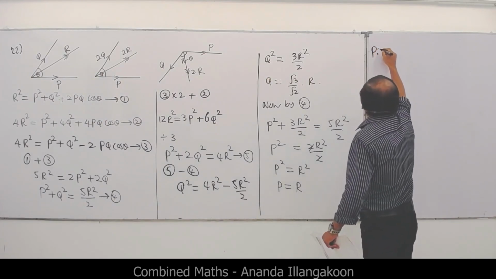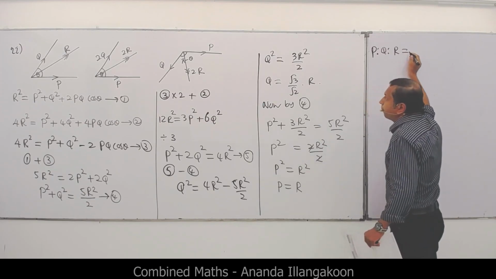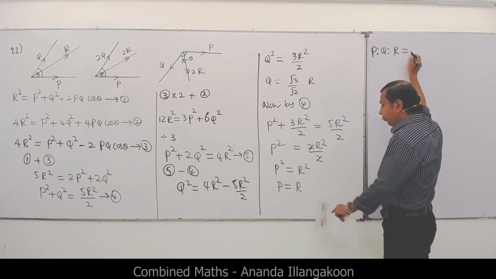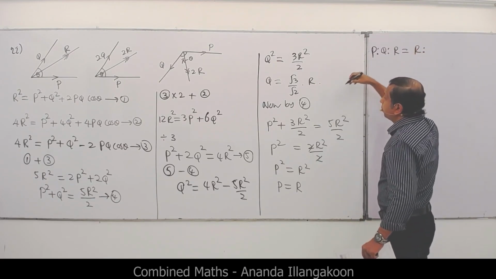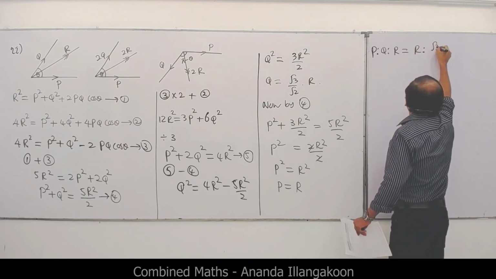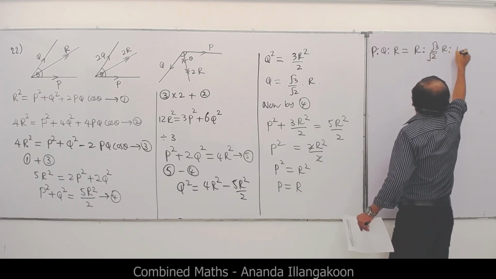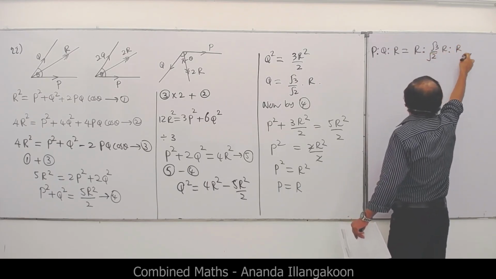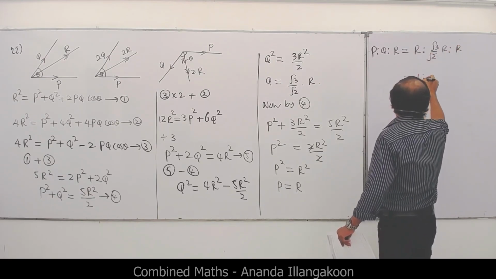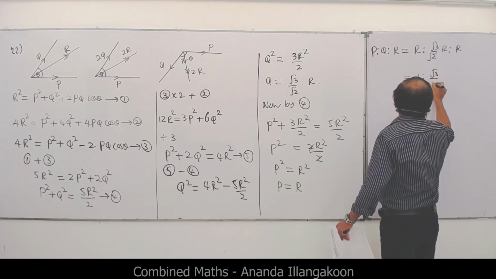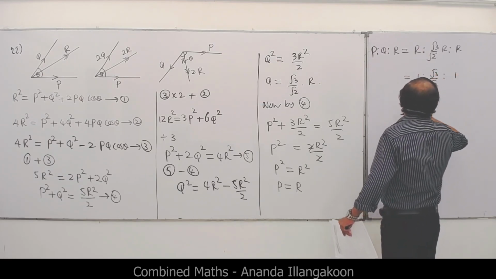Okay. Now the ratio of P is to Q is to R. What is your P? P of course equals R. What is your Q? Root 3 by root 2 R. R is R. Then we can divide this ratio by R. Then we get 1 is to root 3 over root 2 is to 1.